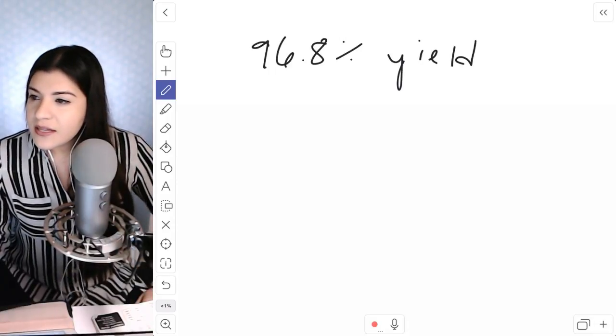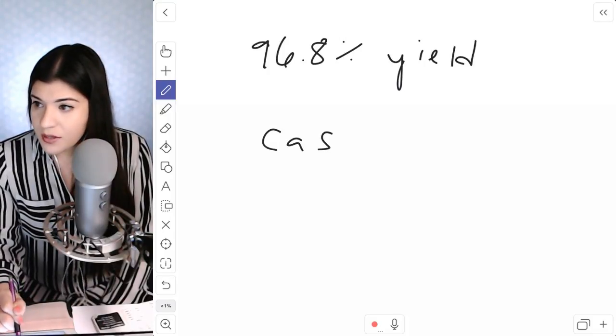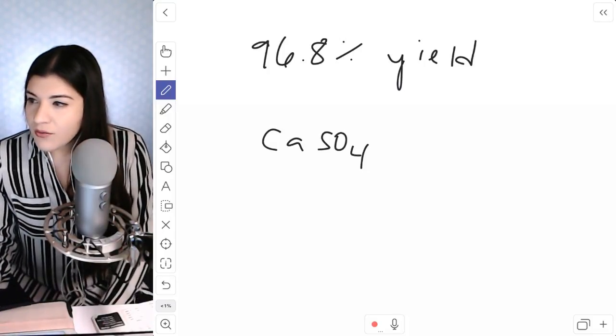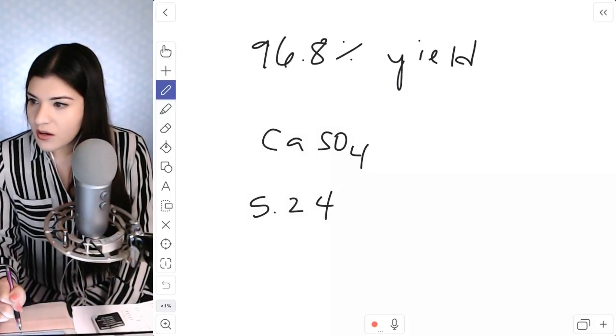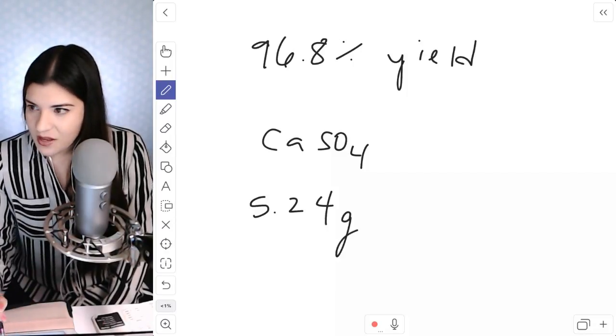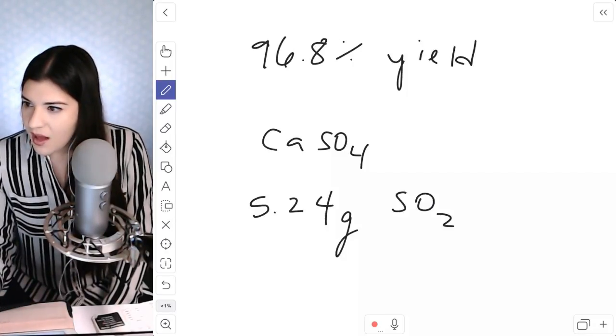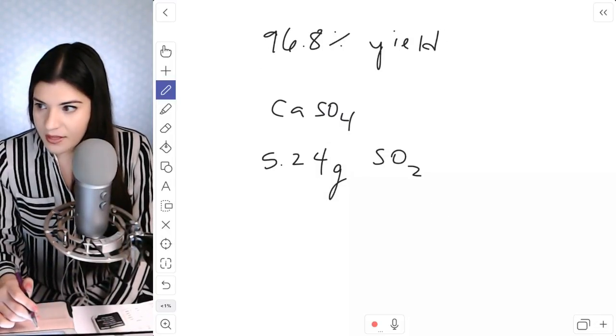So 96.8% yield. And how many actual grams of calcium sulfate are recovered when 5.24 grams of SO2 reacts with, and then they give us our balanced equation. So let me write that out.